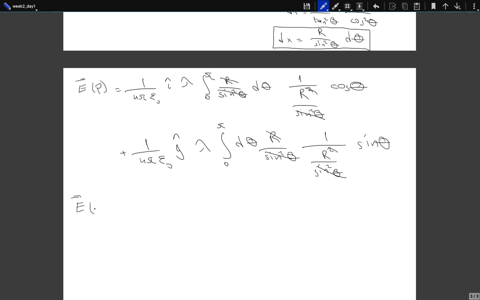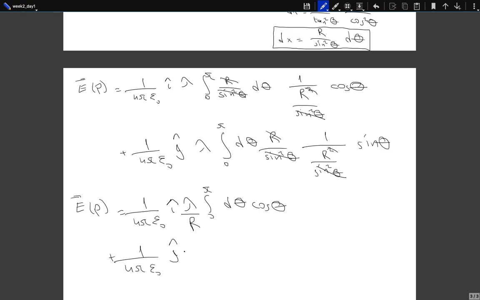So the electric field at the point P is 1 over 4 pi epsilon 0 times lambda times the integral from 0 to pi. I also have 1 over r. This is in the i hat direction, d theta cosine theta, plus 1 over 4 pi epsilon 0 lambda over r in the j direction, the integral from 0 to pi of d theta sine theta.